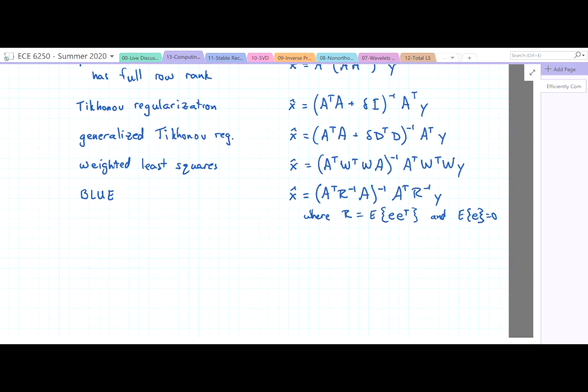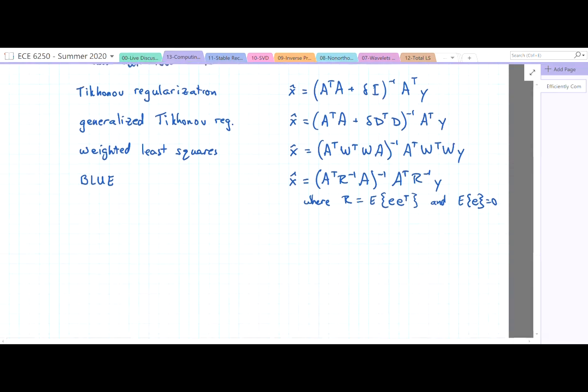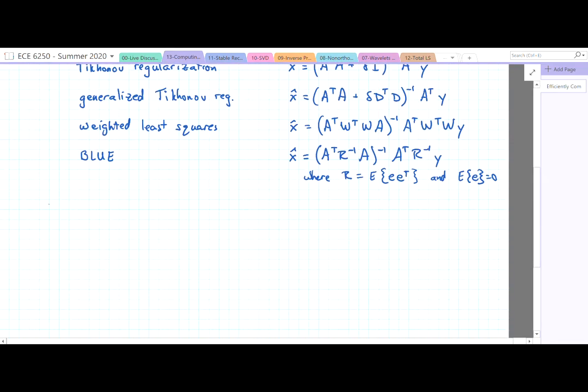So each of these solves a symmetric positive definite set of equations. And there are good ways and bad ways to do these. So let's say each solves a symmetric positive definite set of equations.